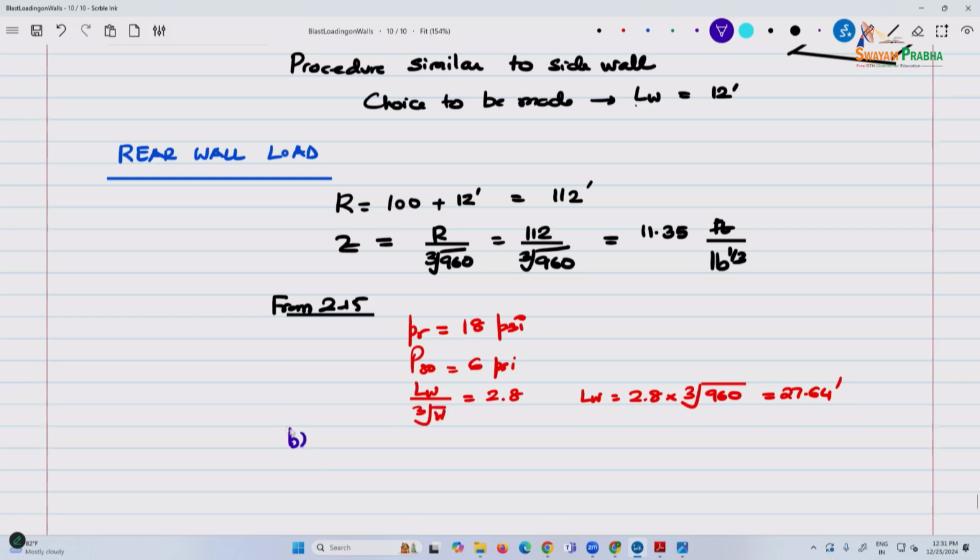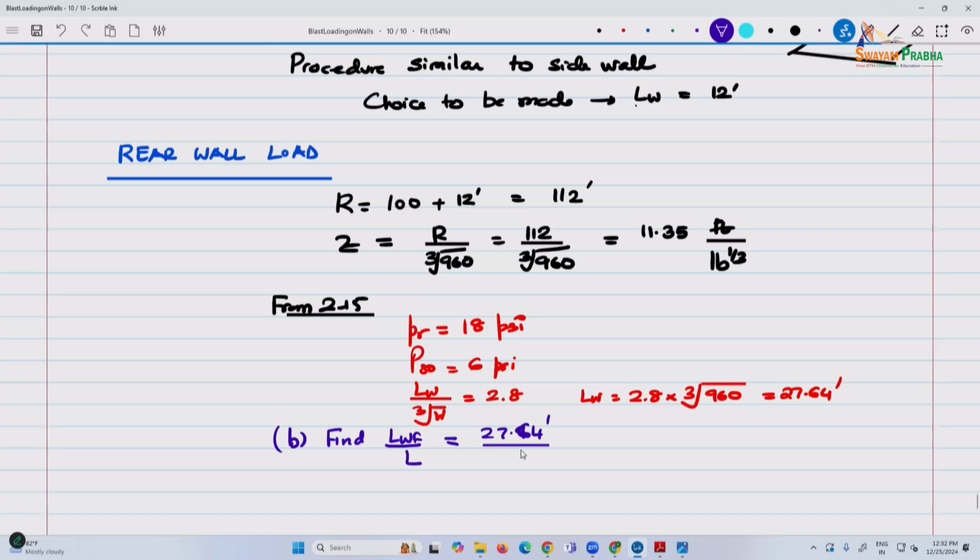Then we find the LWF by L. So, hold that number please, 27.64 divided by the length. L is the back wall height.